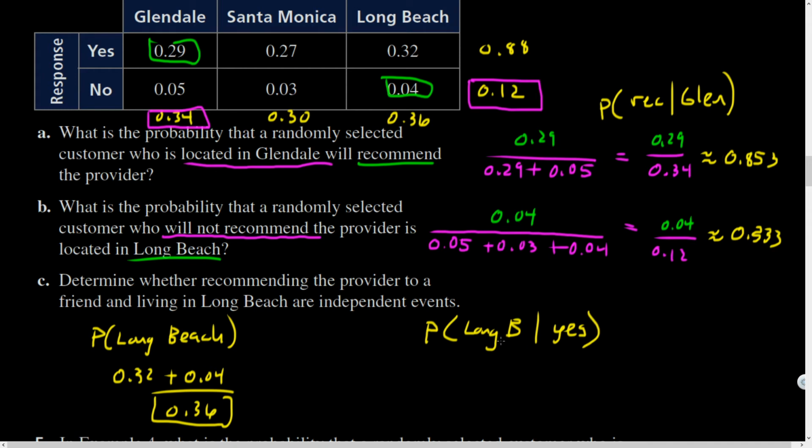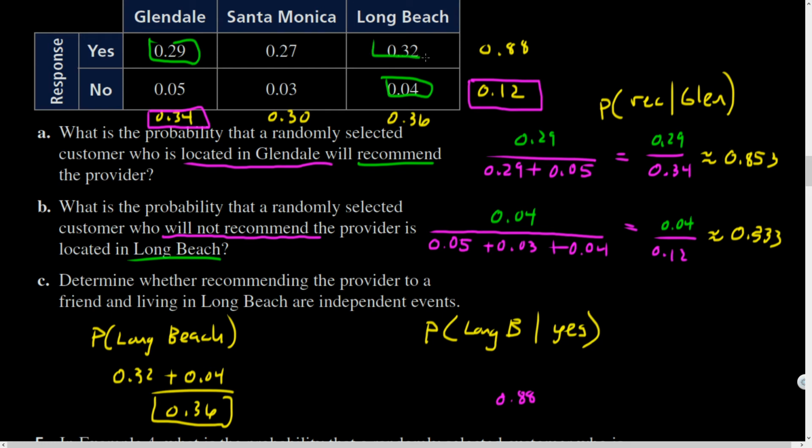Now, what's the probability that someone lives in Long Beach given that they said yes? Okay. And so all people that said yes were all three of these, which is the same as this right here, 0.88.